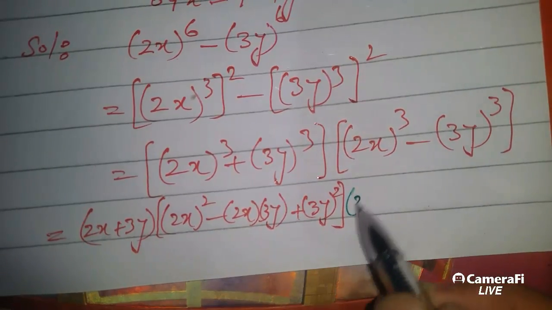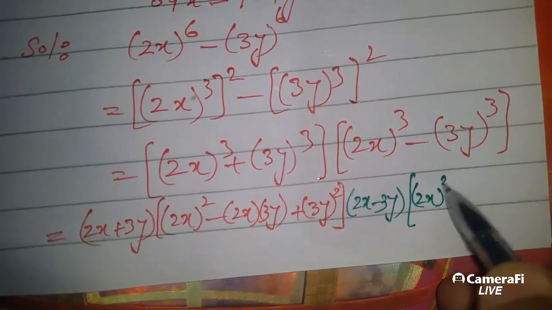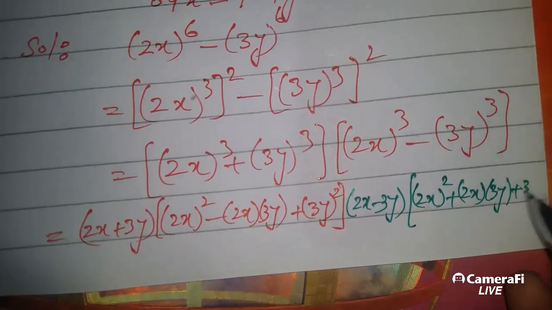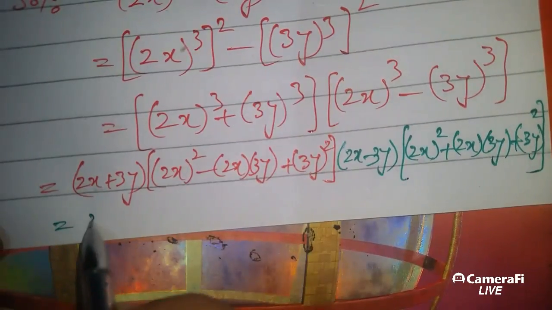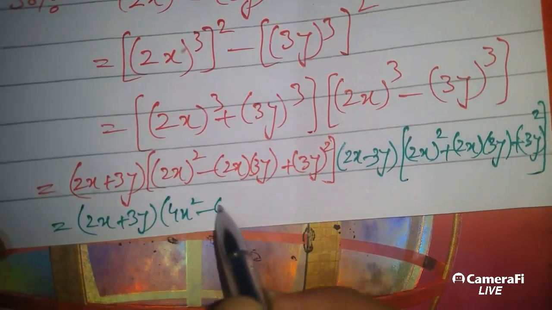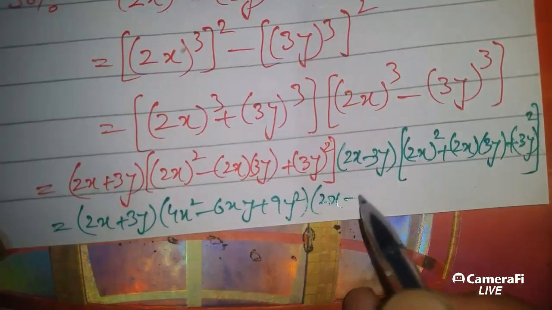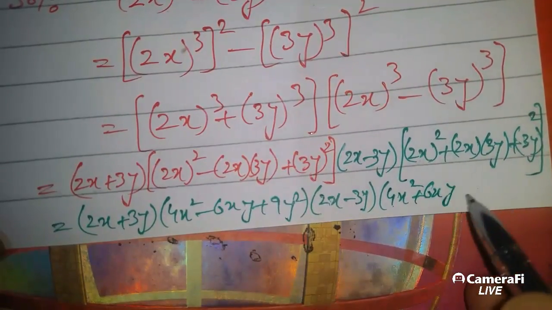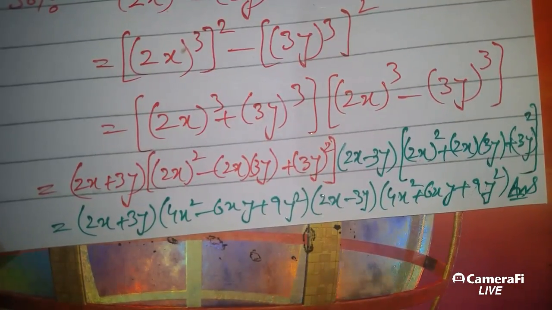And here again first term into second term, first term square plus first term into second term plus second term square, and just simplifying 4x square, 6xy, plus 9y square. 2x minus 3y, 4x square plus 6xy plus 9y square, and this is the answer.